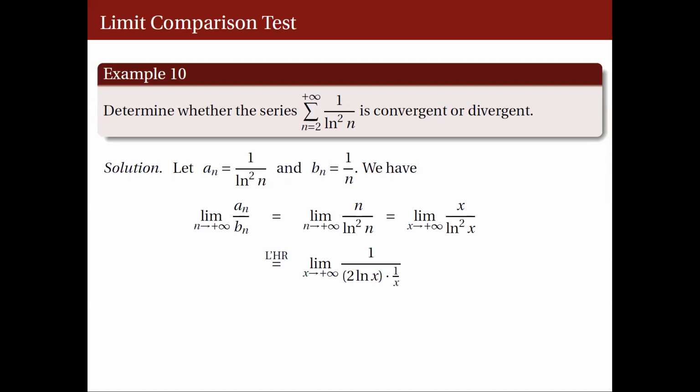Pagkatapos, gamitan ng L'Hopital's rule, equal lamang ito sa limit ng 1 over 2 ln x times 1 over x. Kinuha lang natin dito ang derivative ng numerator at denominator.